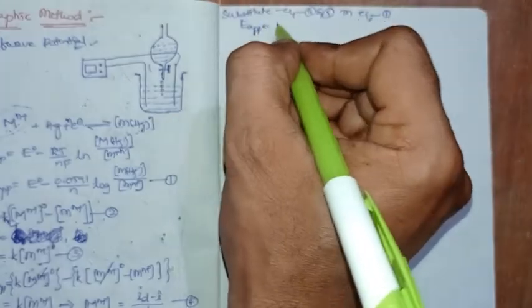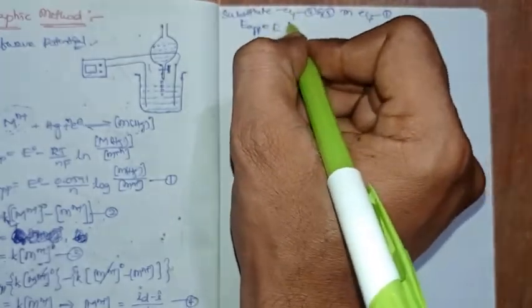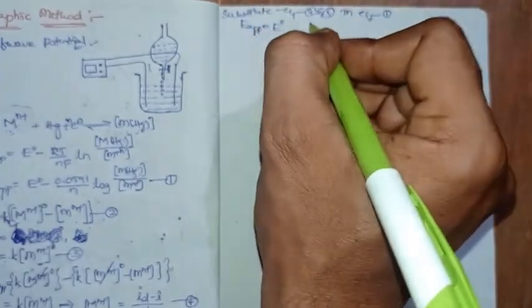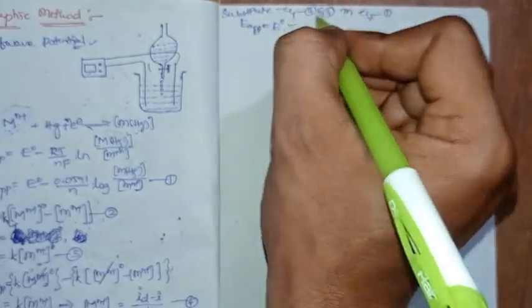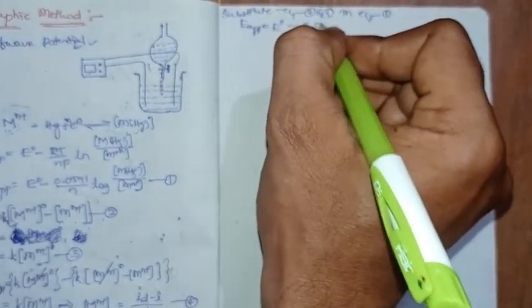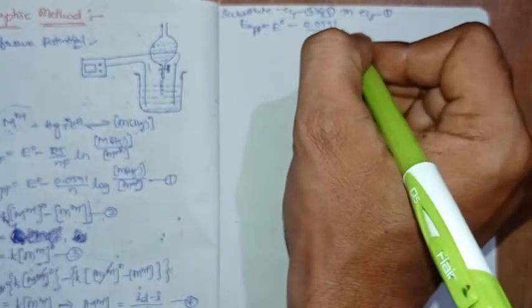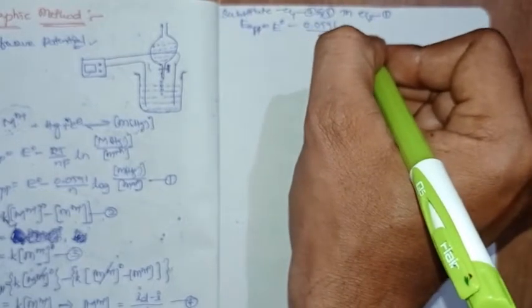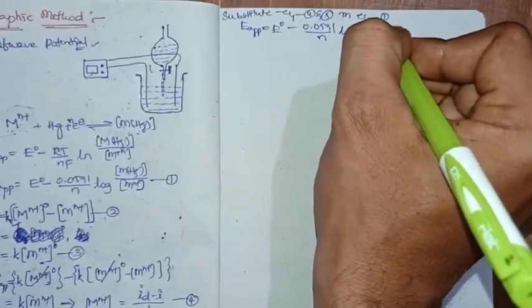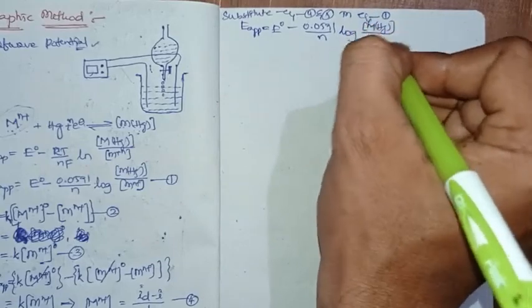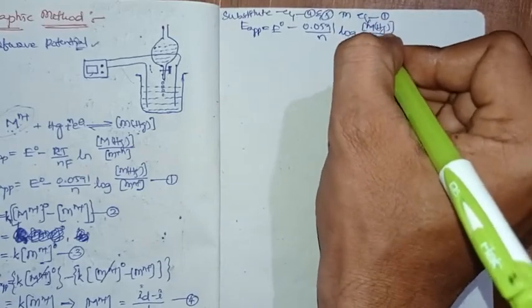The applied potential is equal to E naught minus 0.0591 by N times log of the amalgam concentration divided by the remaining metal ion concentration.